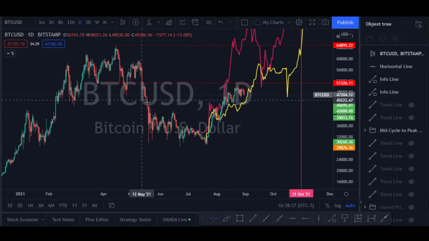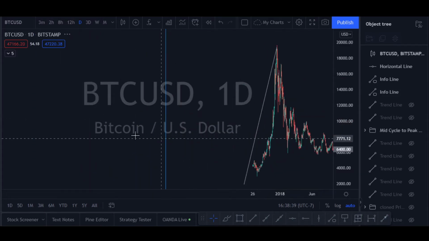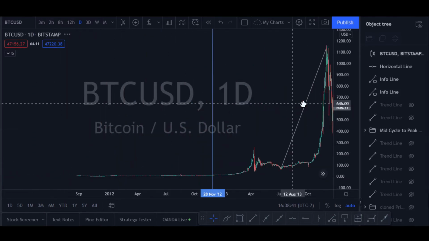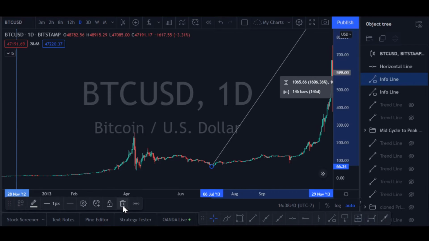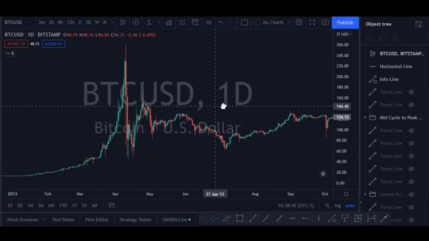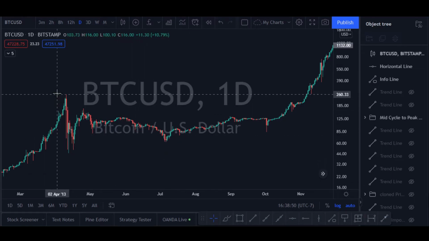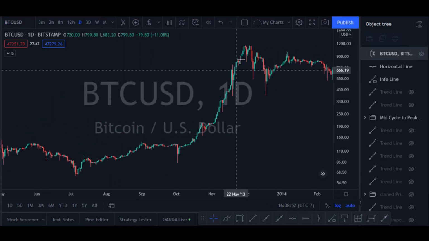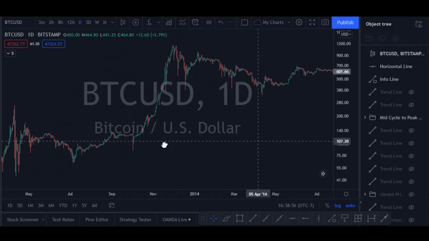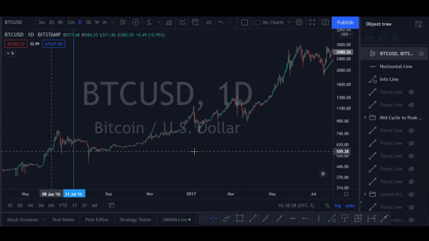Actually, before I do this, I'll show you what I'm talking about in case any people on here are not aware. Let me get rid of this. Starting from, let me log chart this, starting from this mid-cycle dip, it's about 150 days until you get to the cycle peak. It was like that in the first cycle, and it's also like that in the second cycle.